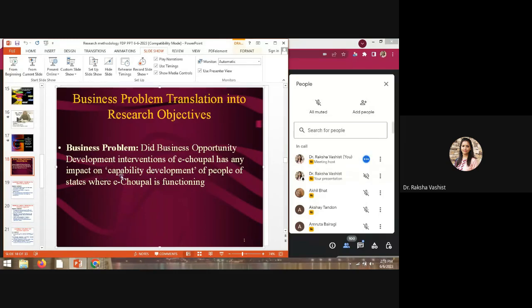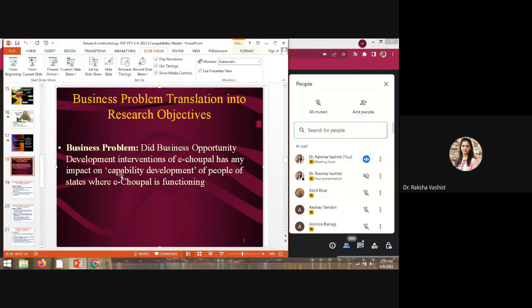So we can make three major research questions from this research problem. The first variable is business opportunity development intervention, and the second variable is capability development.